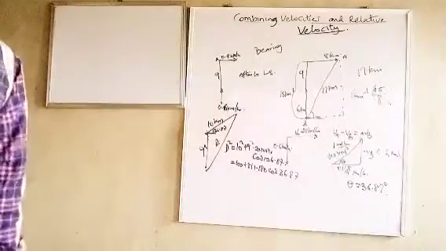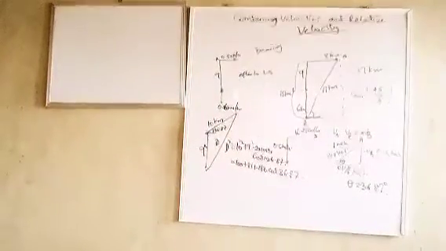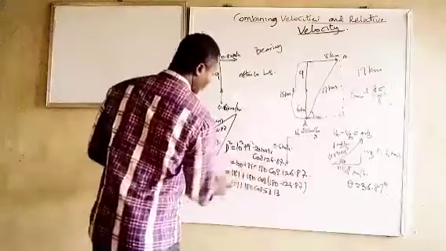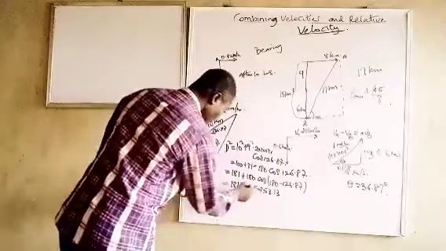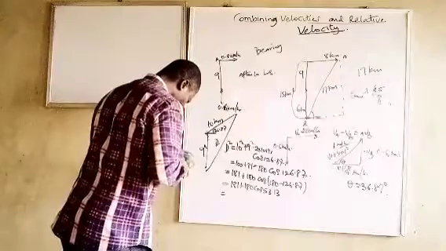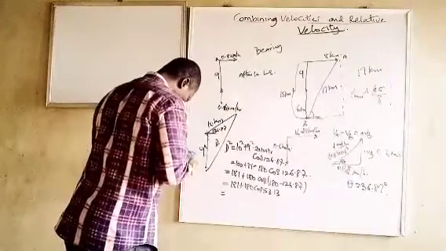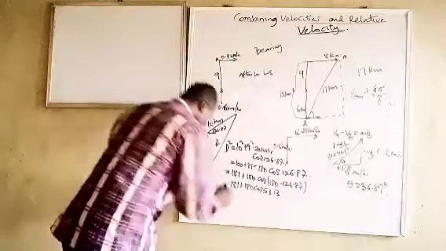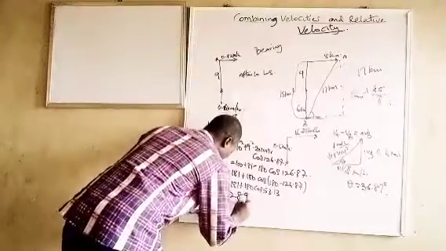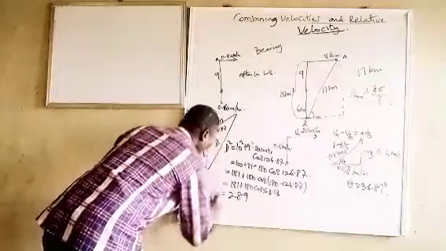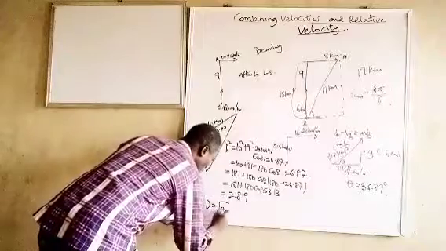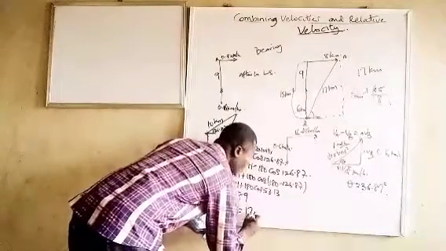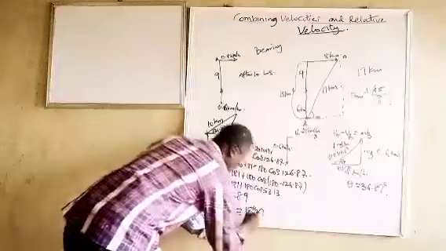Let's see what that gives us. So this is equal to 289 and D will be equal to root of 289, which is equal to 17 kilometers. You can see.